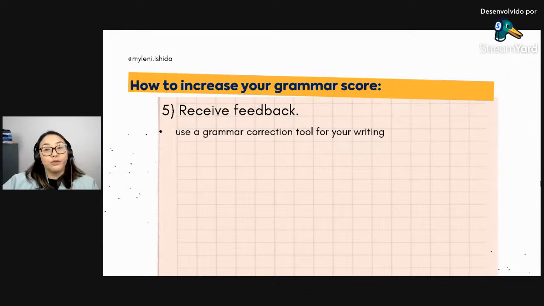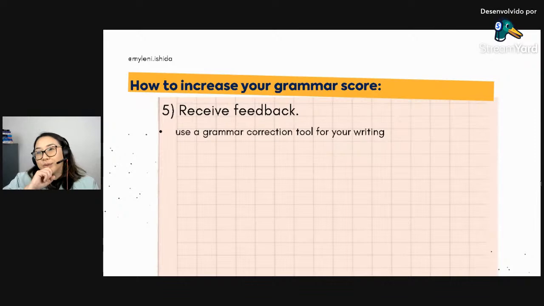It's important for you to have someone or a tool, it doesn't need to be a person. Use a grammar correction tool for your writing. You can also use a grammar correction for your speaking as well, right? I don't know if we have one for the speaking.